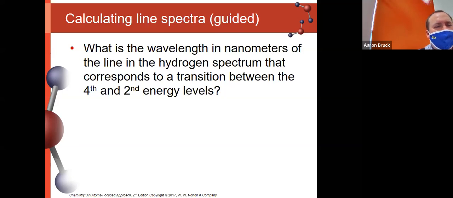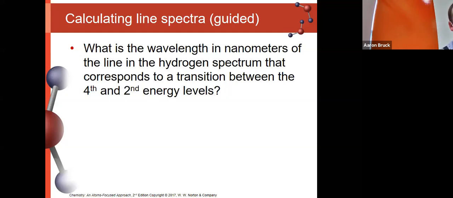What is the wavelength in nanometers of the line in the hydrogen spectrum that corresponds to a transition between the second and fourth energy levels? We're going to use our Rydberg equation for this.